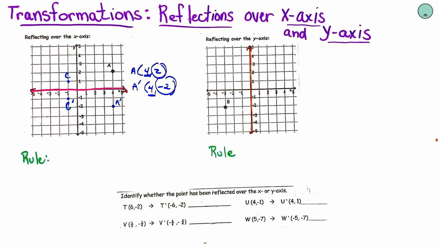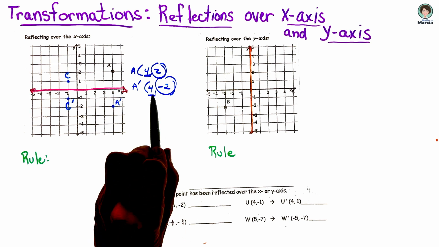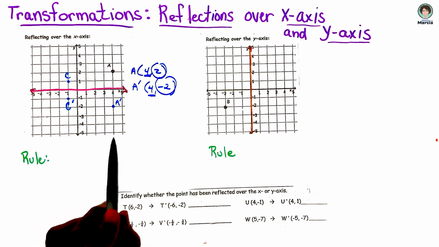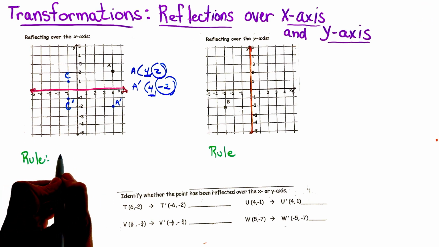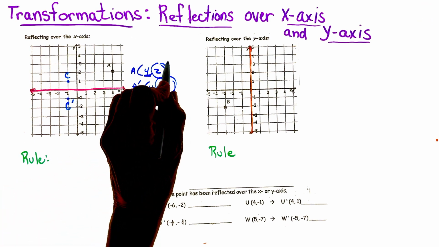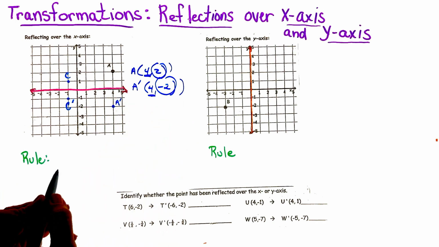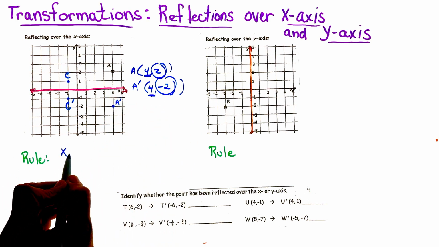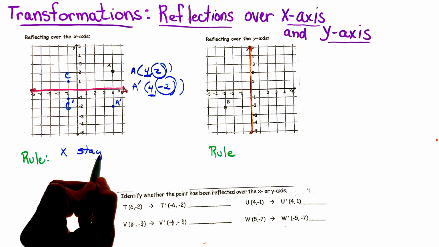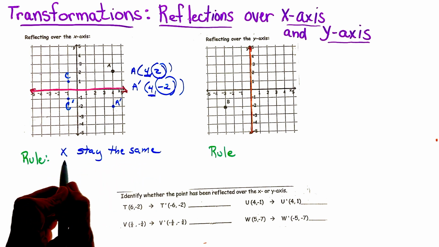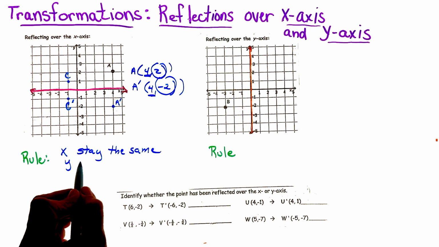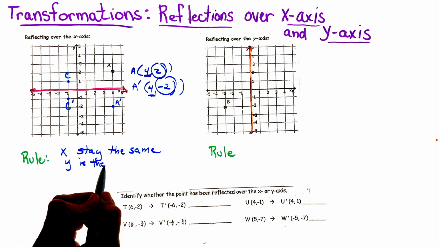They are opposites. So for the rule for reflection over the x-axis, when comparing our 2 points, the x stays the same and the y is the opposite.